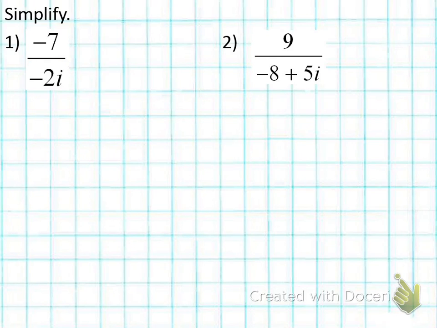So number 1, we have negative 7 over negative 2i. We have an imaginary number in our denominator, so we have to do this thing called rationalize the denominator.